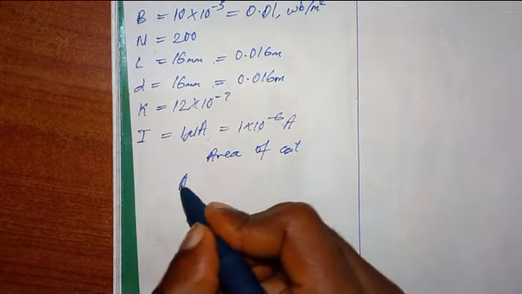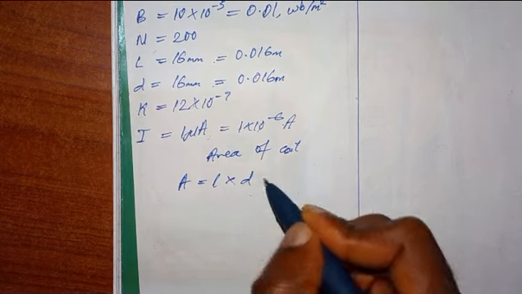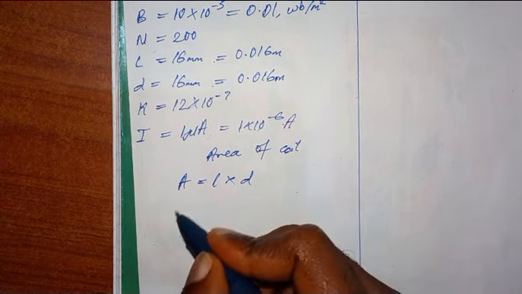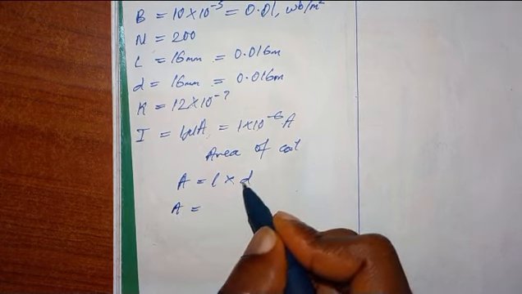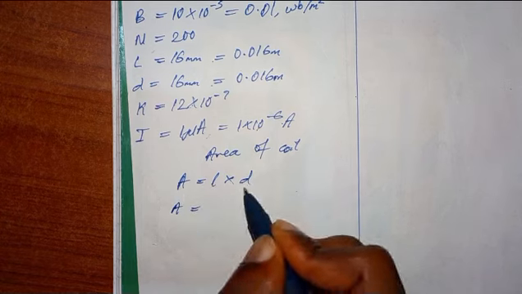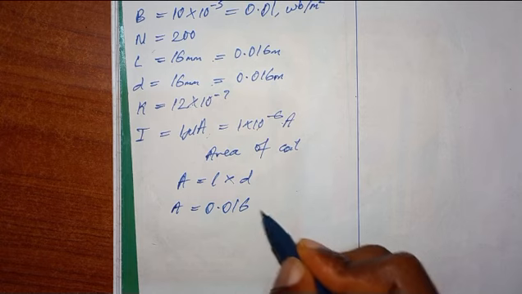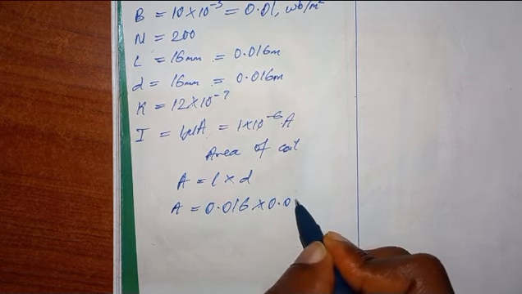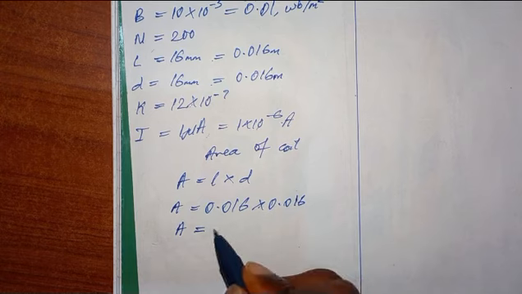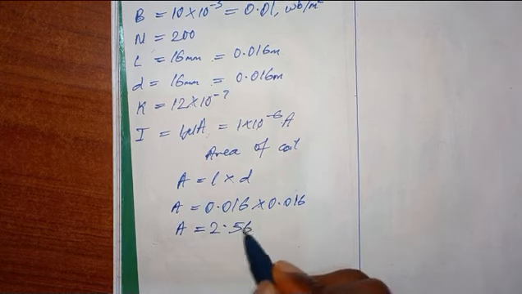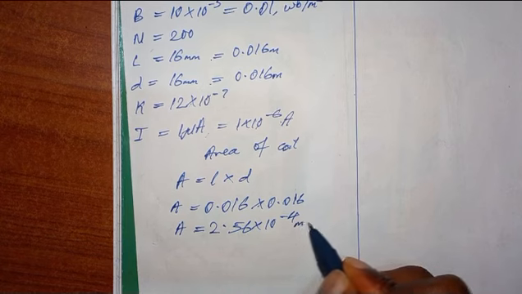Area is equal to length times distance. I'm making mistakes here and there. 0.016 times 0.016, so area A will be equal to 2.56 times 10 raised to power minus 4 meters squared.